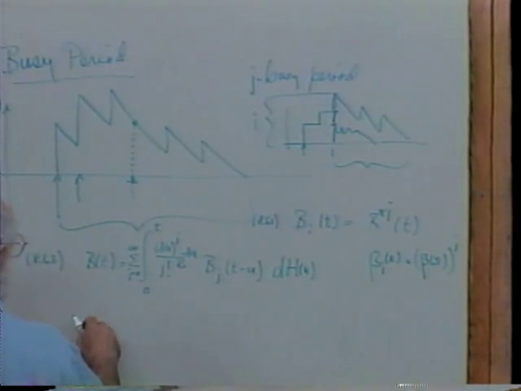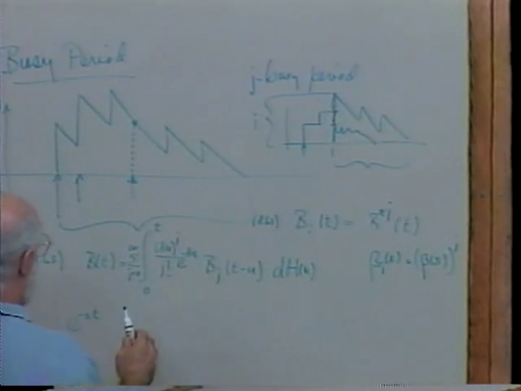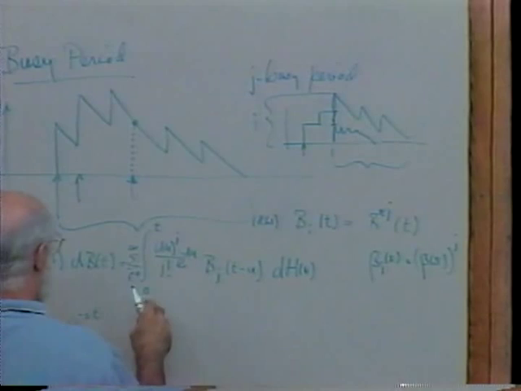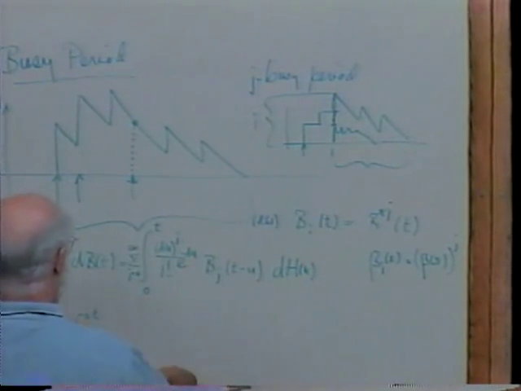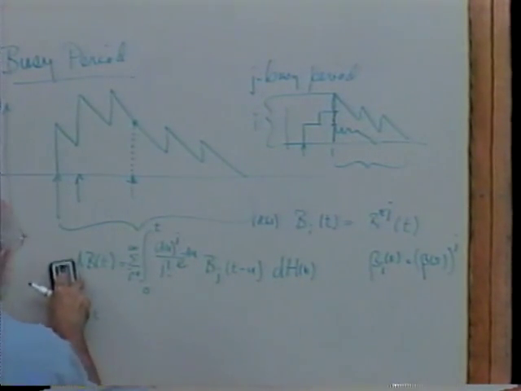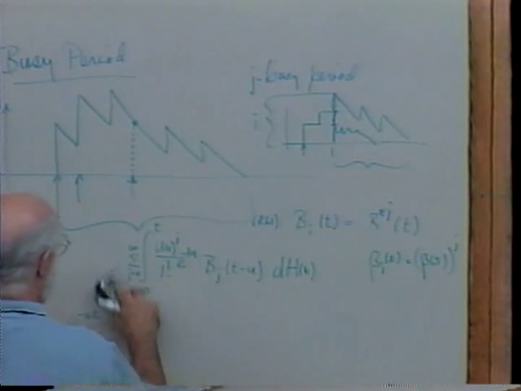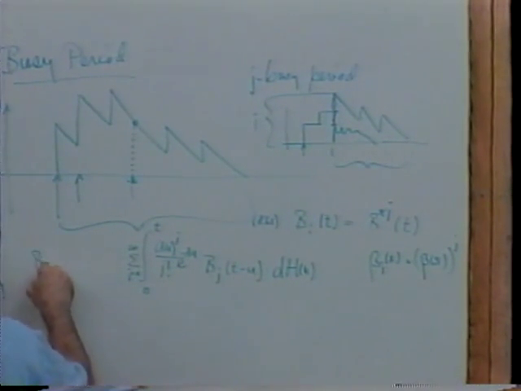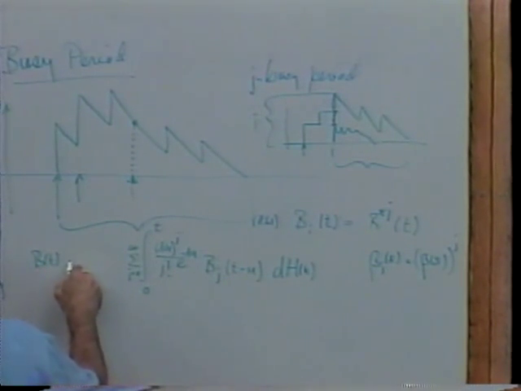I'll multiply by e to the minus st. Well, first I'll differentiate. I'm going to take the differential of this, and that means I'm going to take the differential of this. I have to keep erasing this to give myself more room. Here's what I had: b of t equals.